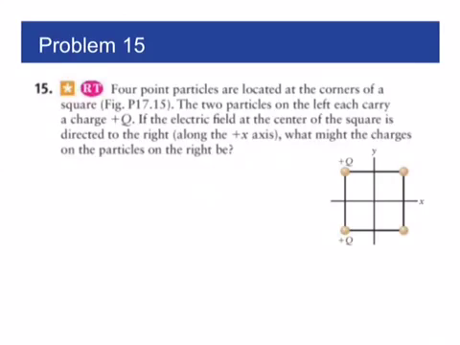Problem 15 from a textbook. Four point particles are located at the corners of a square. The two particles on the left each carry charge plus Q. If the electric field at the center of the square, that means here, is directed to the right along the x plus axis, that means this way, what might the charges on the particles on the right be?